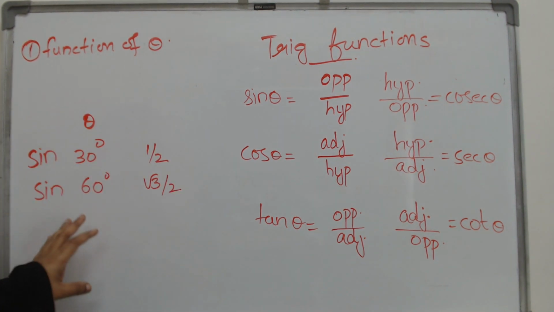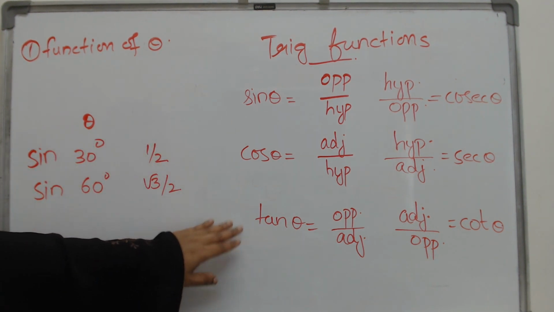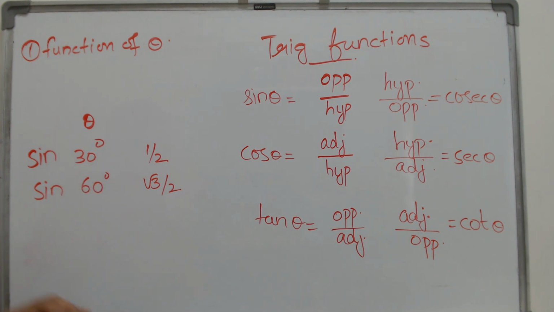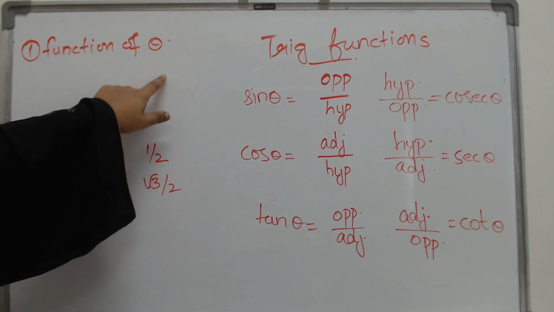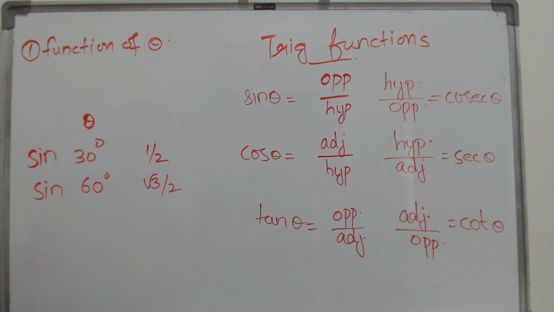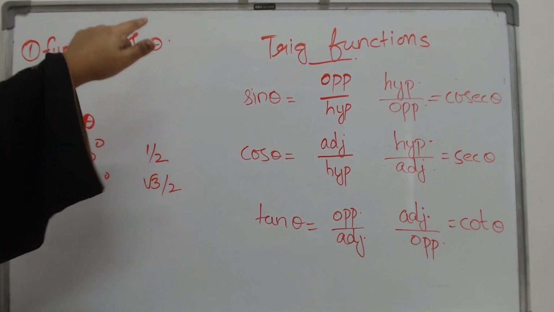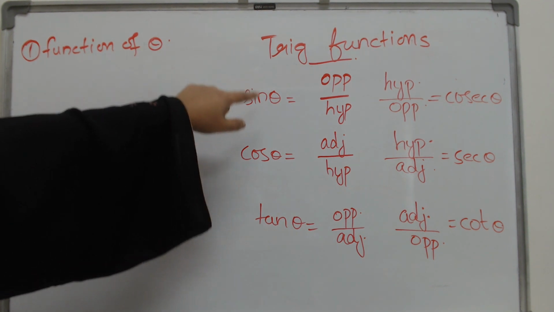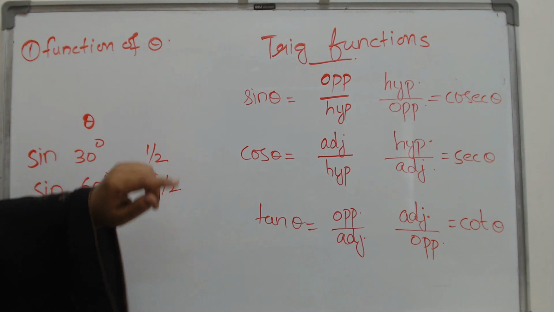So just like your polynomials was an algebraic function, your sine, your cosine, your tangent, they are all trigonometric functions. Functions of what? Functions of this angle. You remember what I told you? Trigonometry, we call it the study of triangles, but it is actually the study of the variations of the angle. So each of this, sine, cosine, tangent, all of them are what?